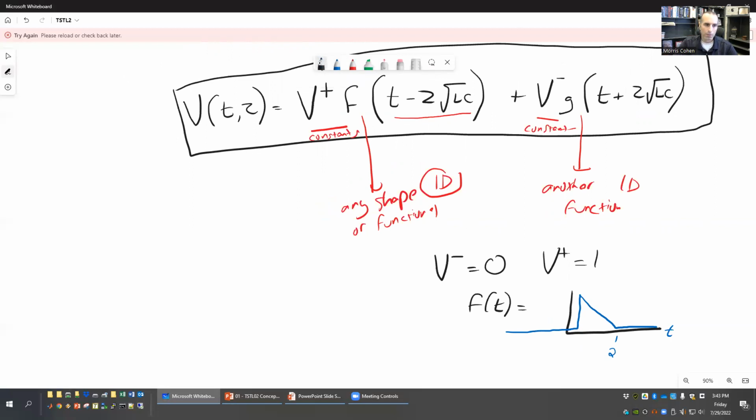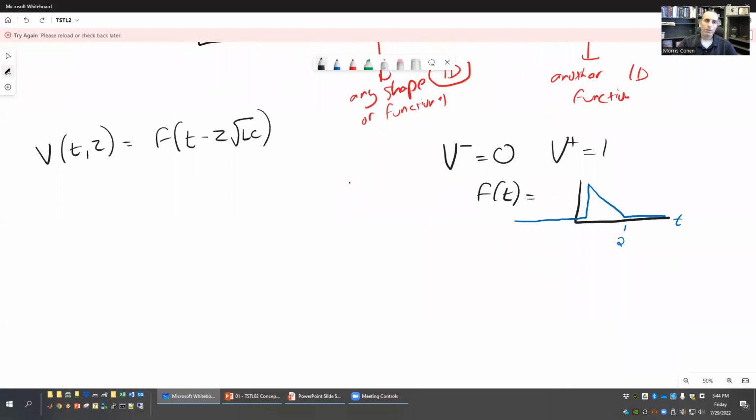In that case, the voltage as a function of time and space will be equal to f of t minus z square root of LC. Okay, so let's actually plot what this means at different values of t.